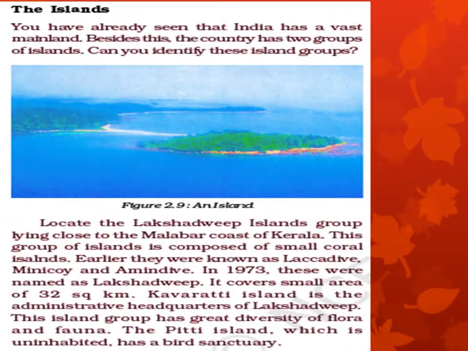Next you have islands. So we have two groups of islands. Lakshadweep Island group lies close to the Malabar coast of Kerala, and these islands are composed of small coral islands.